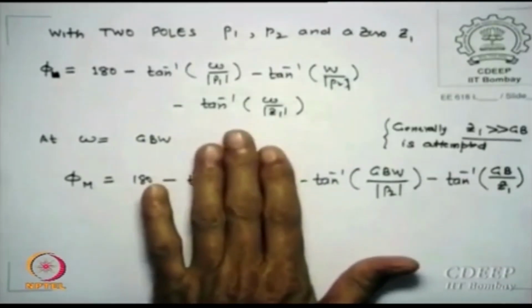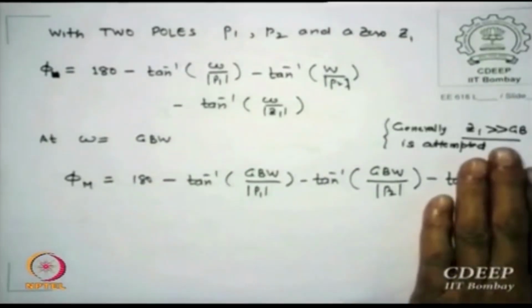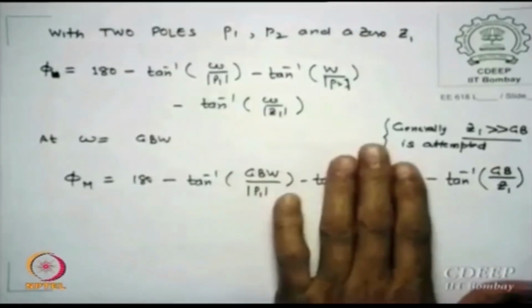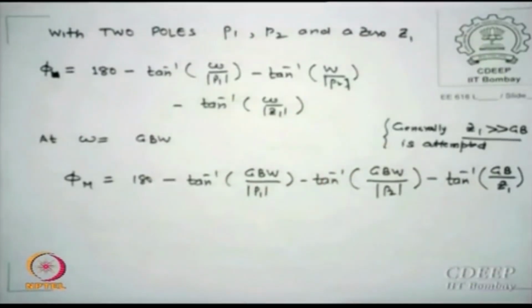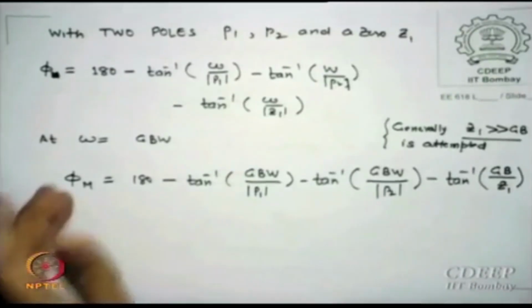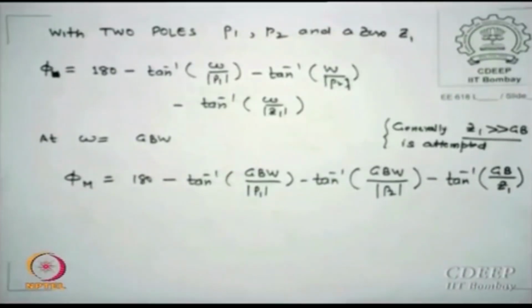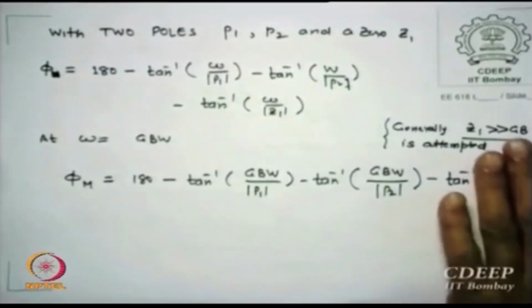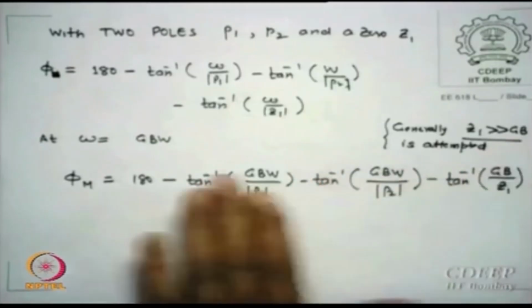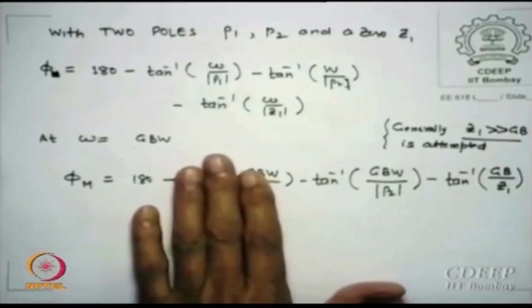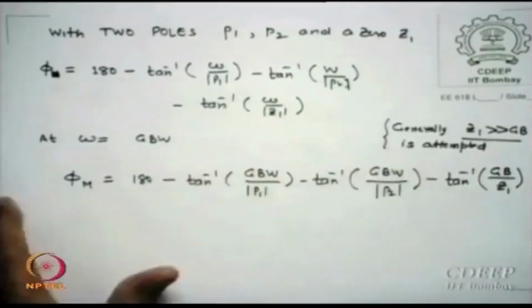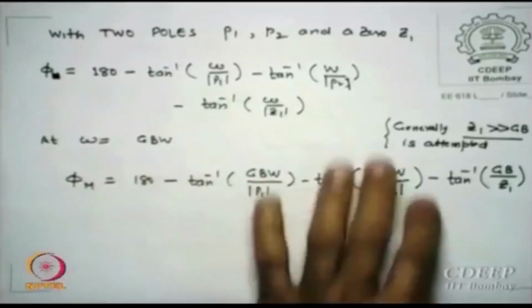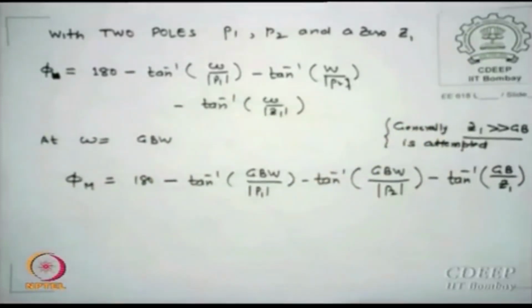I will say this is always known, I will make it known, then all that I need is a relationship between gain bandwidth and P2, because that is the one which is deciding for me whether it is stable or not stable. Is that clear? So the trick of the trade is to fix this somewhere better, and this will come easily. If you know this, for this given value I get a relationship between P2 and GBW, that is essentially it.